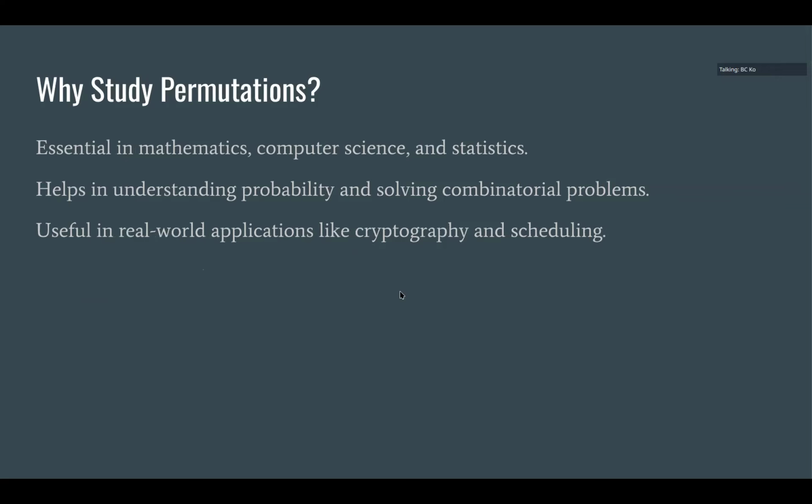Why study permutations? Permutations are essential in various fields, such as mathematics, computer science, and statistics. They help us understand and solve complex problems involving arrangements and orderings.